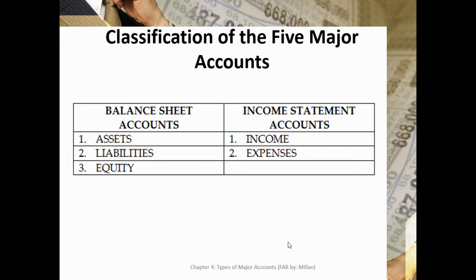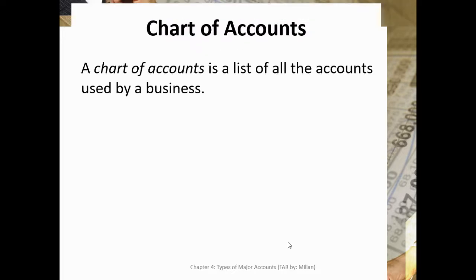The balance sheet shows the financial position of a business. The income statement, on the other hand, or the statement of profit or loss, is a subcomponent of the statement of comprehensive income, which is also one of the components of a complete set of financial statements. This shows the profit or loss of a business.